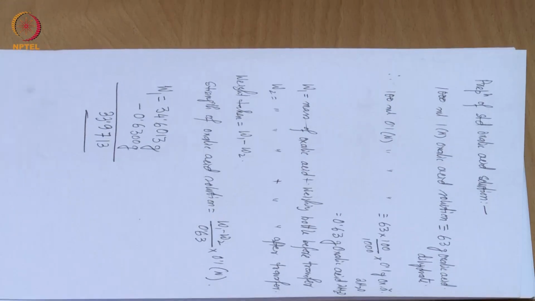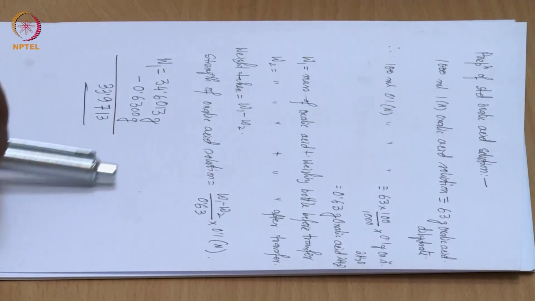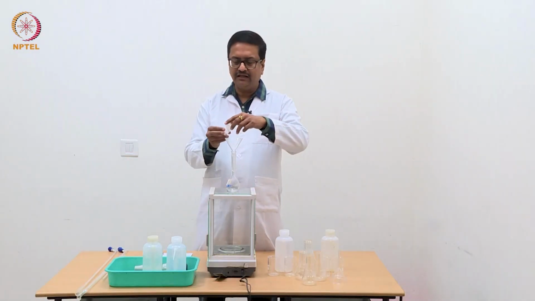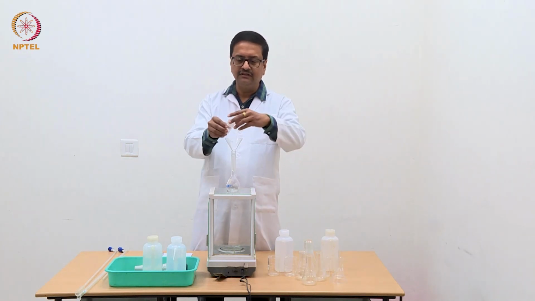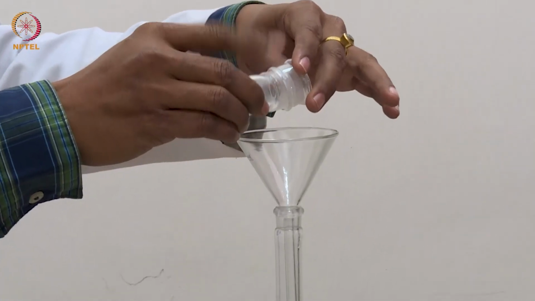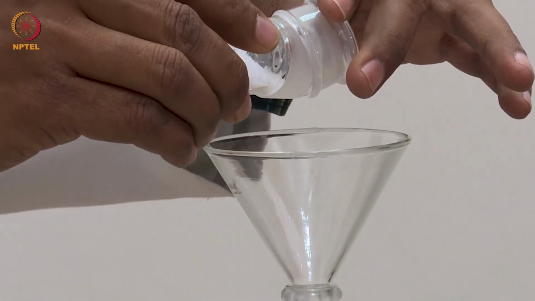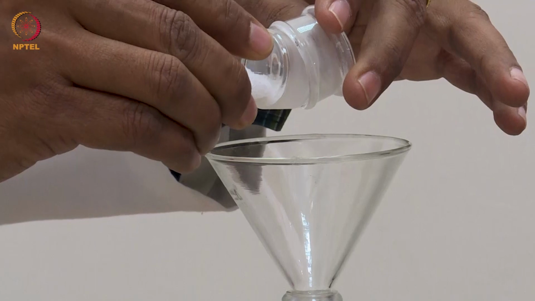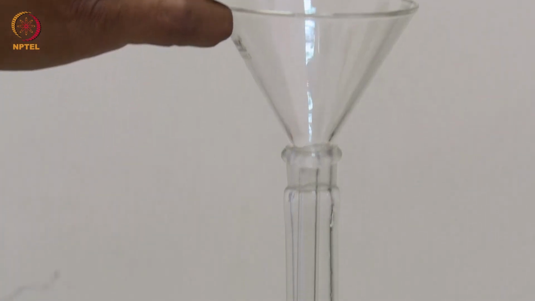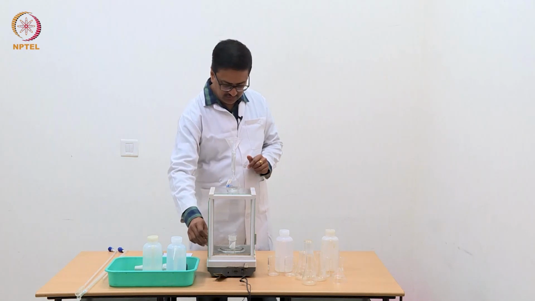So when we transfer and put it back, we should reach a number which is 33.9713 gram. So I am now taking out this bottle from here and carefully trying to transfer very small amounts, by not moving the lid completely away, but carefully transferring tiny amounts of oxalic acid in the volumetric flask and then taking it down, and we'll place it back to the balance.